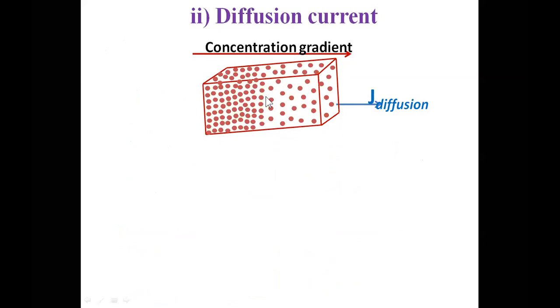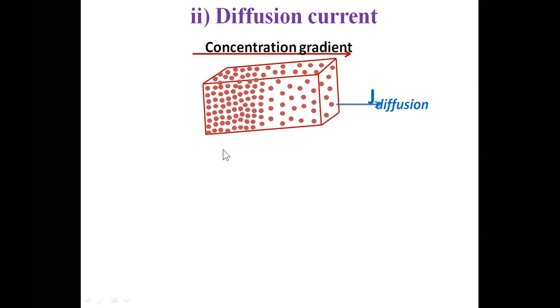If you see it diagrammatically, consider a semiconductor block, and for example at one end we have a large concentration and at the other end we have a low concentration of charged particles. That means I have created the high concentration of charged particles and low concentration of charged particles within the semiconductor itself.